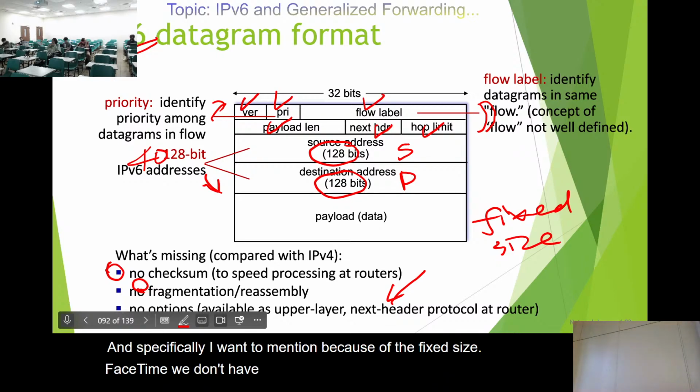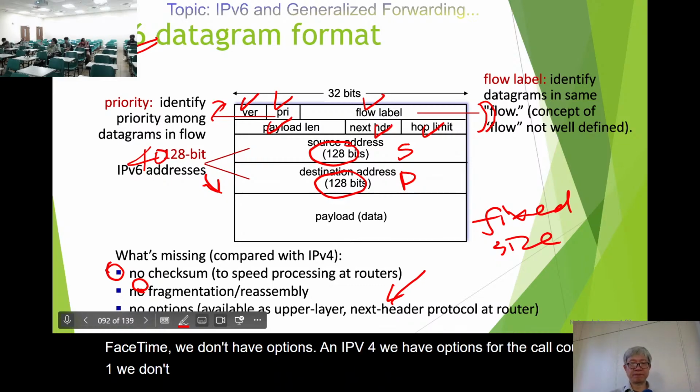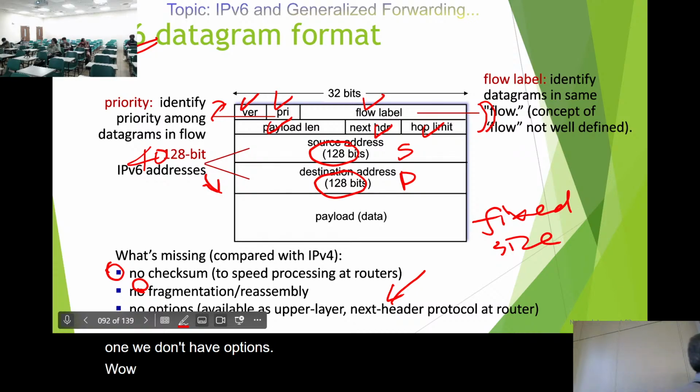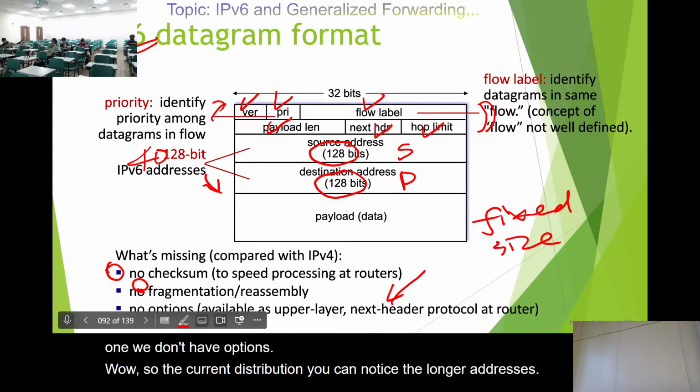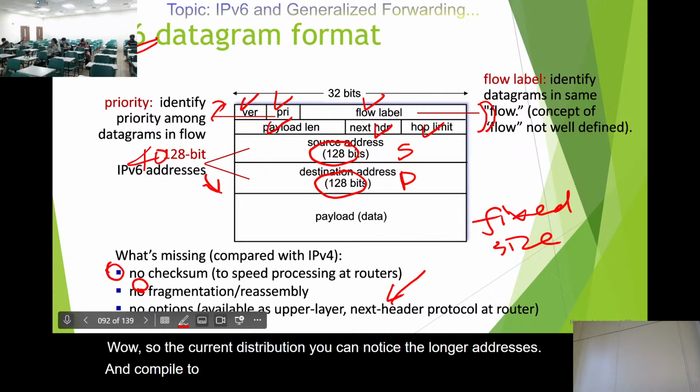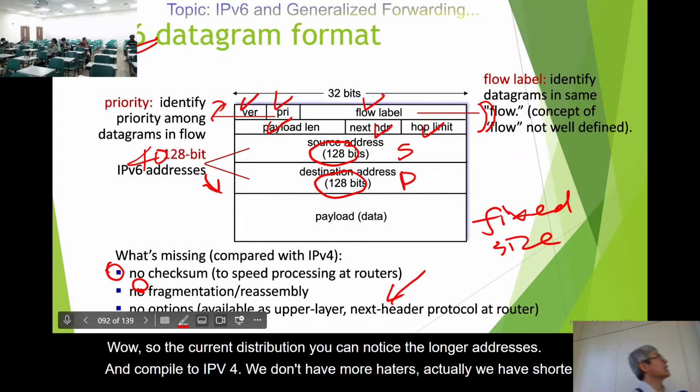In IPv4 we have options. For the current one, we don't have options. Well, so in the current description, you can notice the longer addresses. And compared to IPv4, we don't have more headers. Actually, we have shorter headers excluding the addresses.